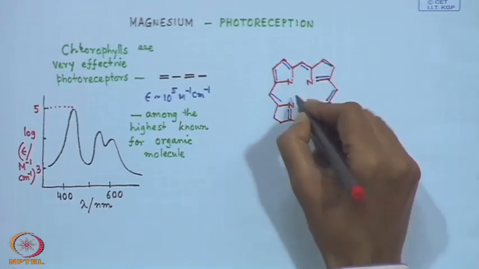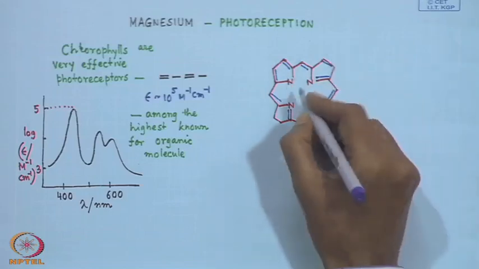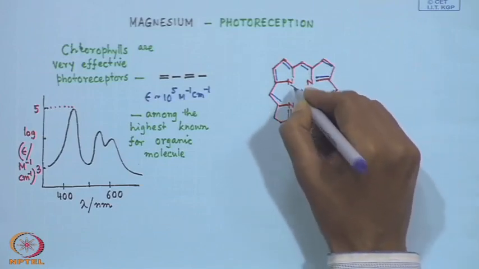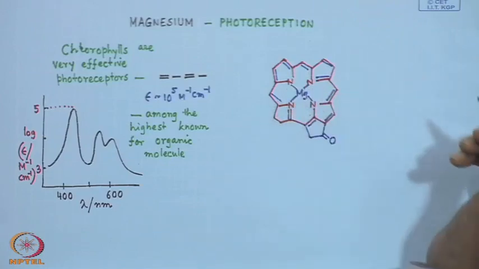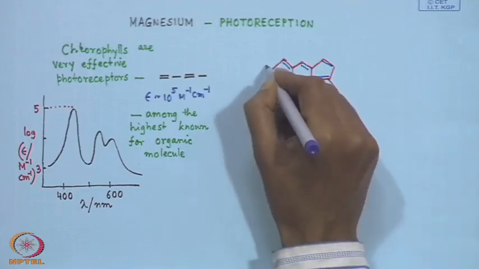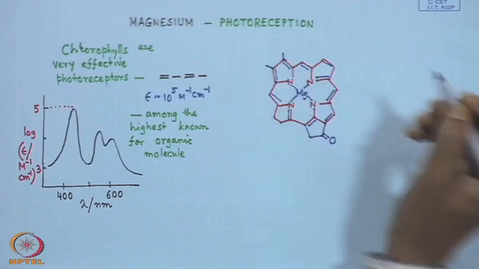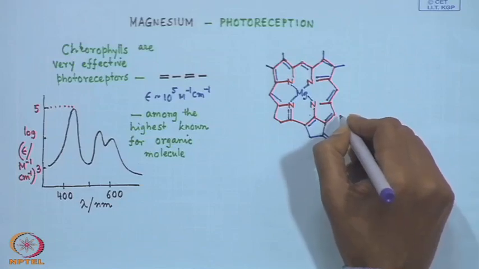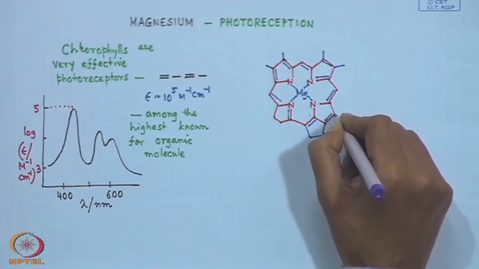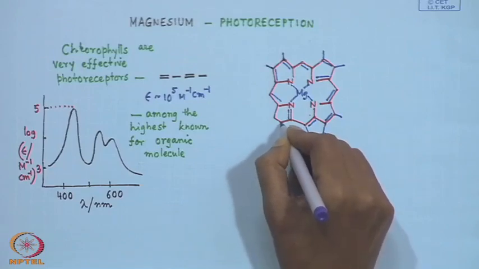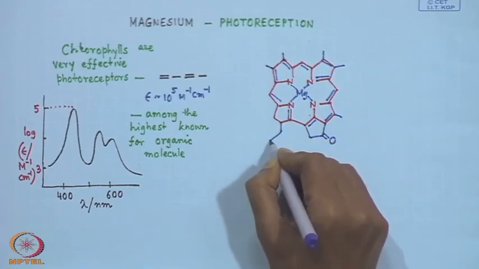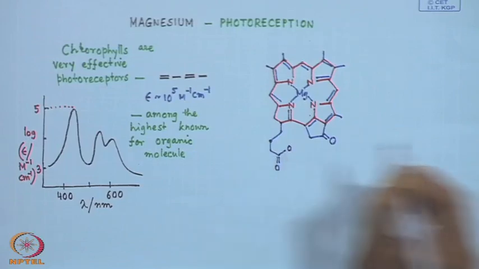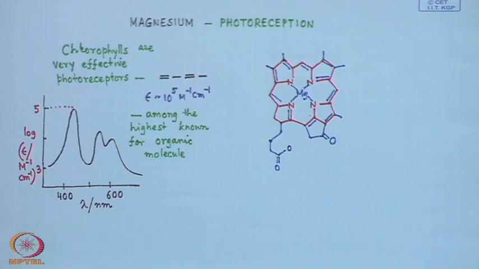So, you have 4 such rings, and we just get magnesium at the center, which is tetracoordinated, and like other pyrrole units we have the substitutions. This part we know, that propionic acid functions.